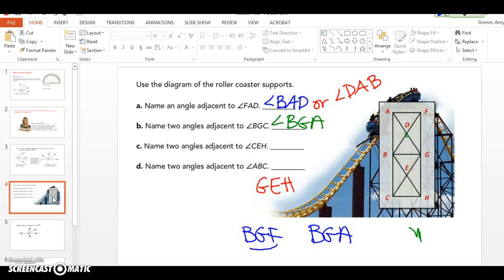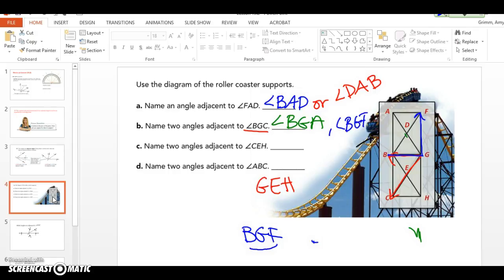This is my original, B, G, C. And you want me to go with BGF. I told you, yes, that one works. Erase the wrong one. So angle B, G, F.